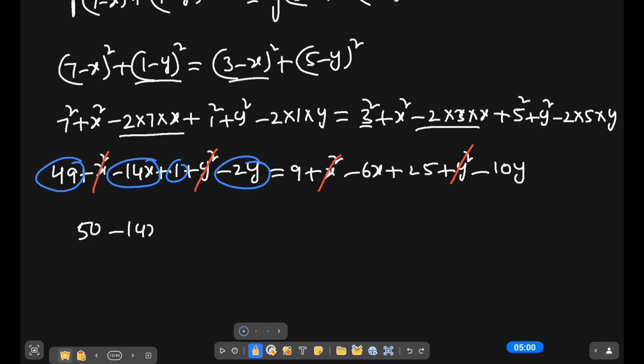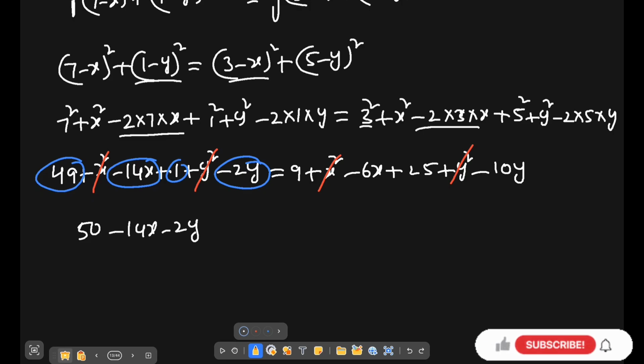Now the right side: 9 plus 25 is 34, minus 6x minus 10y.